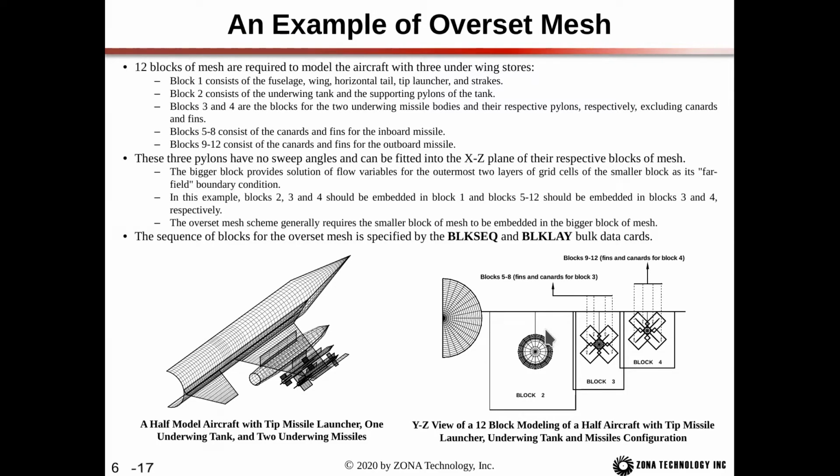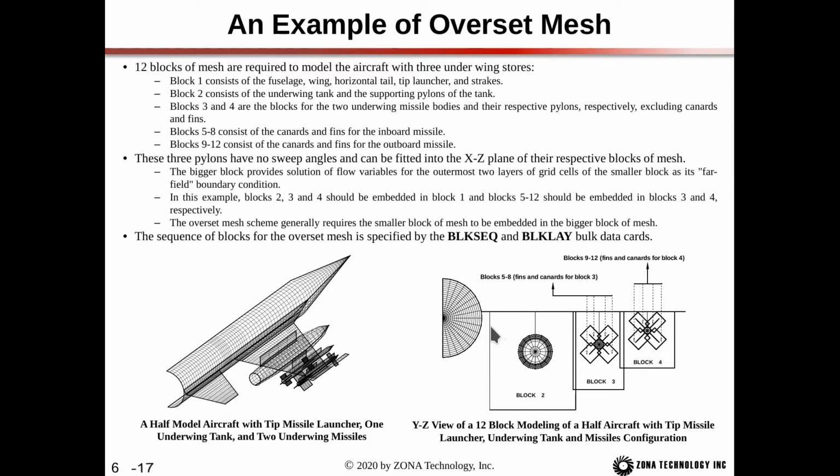Now, you may ask, what happens at this boundary intersection between the pylon and the wing? This is kind of a special situation, and ZEUS tries to handle it as best it can, and we'll see this later. But essentially, ZEUS does the best it can to make sure that the pylon is influencing the block 2 flow solution, and the wing is influencing the main block flow solution.